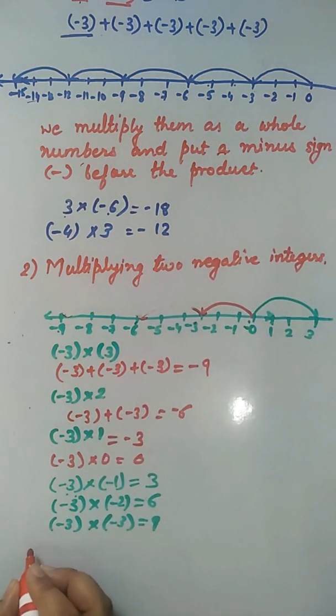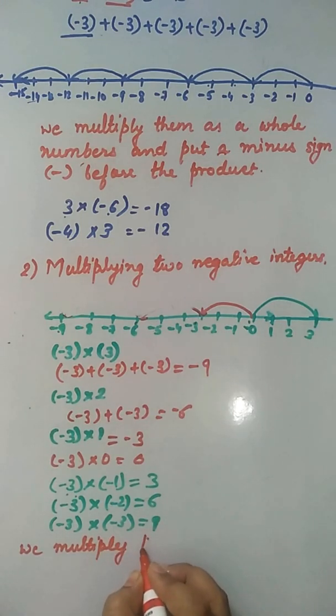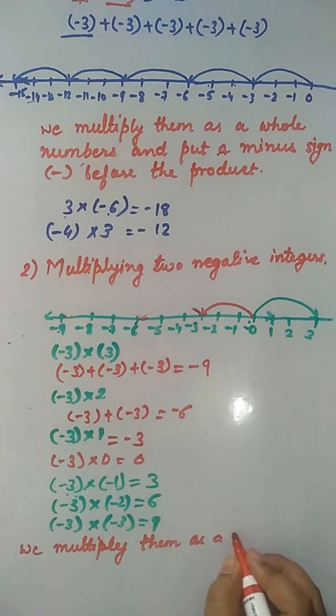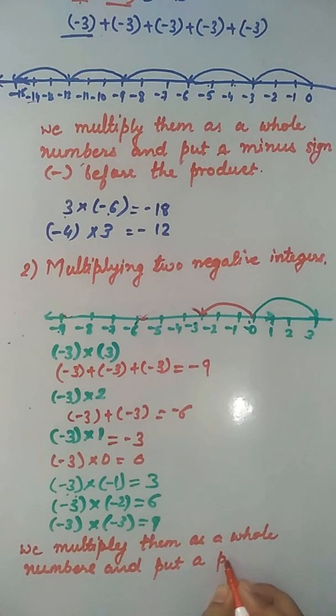In this case we write the opposite of that, that we multiply them as a whole number and put a positive sign before the product.